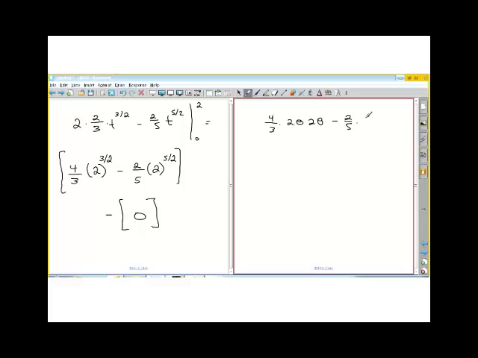So that's going to be 5.657. So 4 times 2.828 divided by 3, minus 2 times 5.657 divided by 5, is 1.5. Hey, that's pretty close to what I thought it was going to be, 1.508.